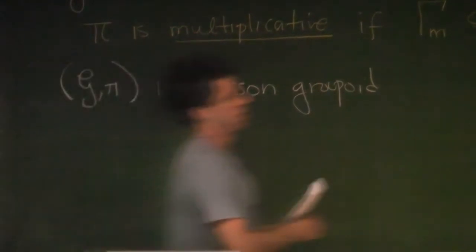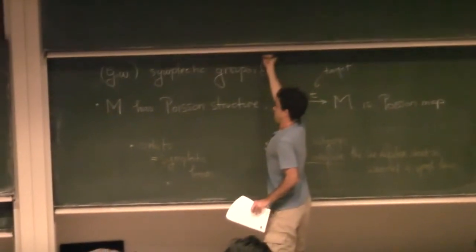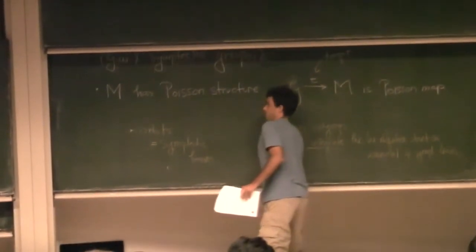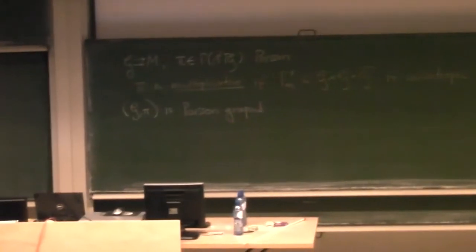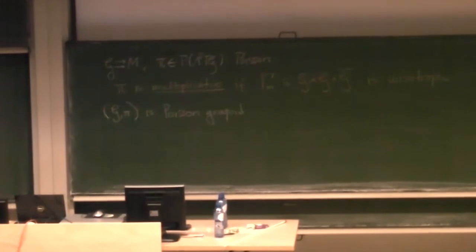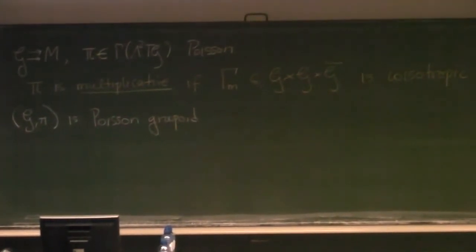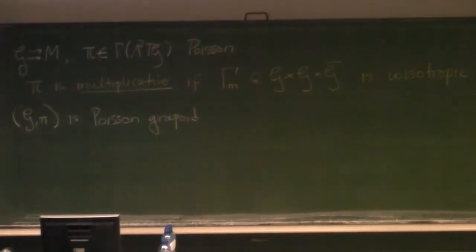So let me just make a couple of remarks about that. So first, what coisotropic means, since it was never defined here. So you probably all know what a coisotropic submanifold of a symplectic manifold is. So it's just a generalization of that.